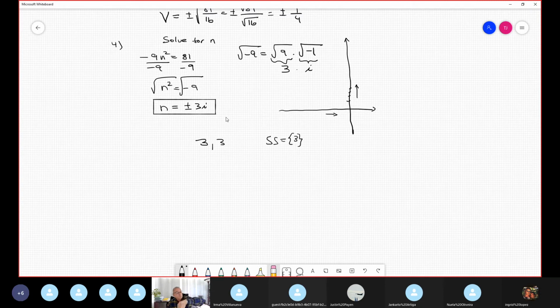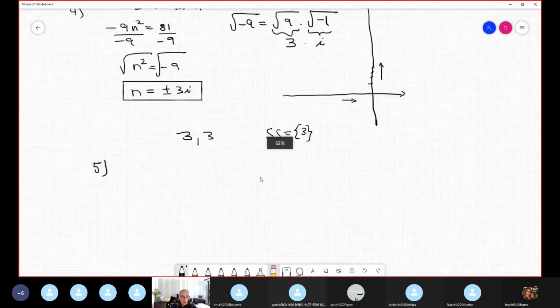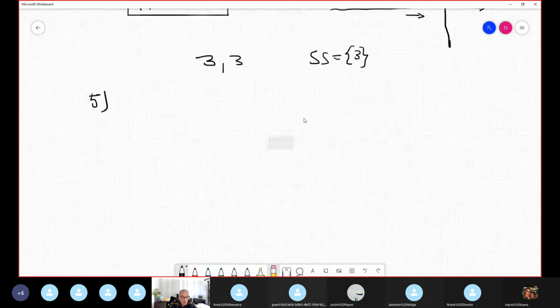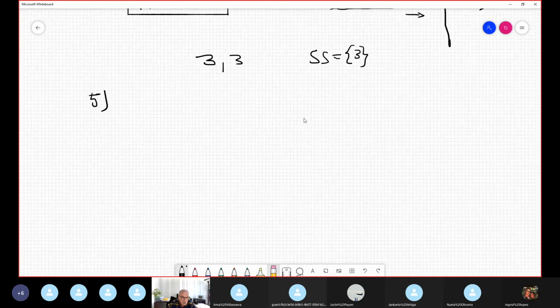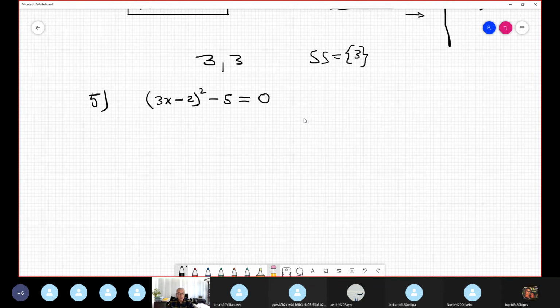Okay, 5. 5 is more complicated. It is (3x minus 2) squared minus 5 equal to 0. Wow. Is it a quadratic equation, yes or no? It is.